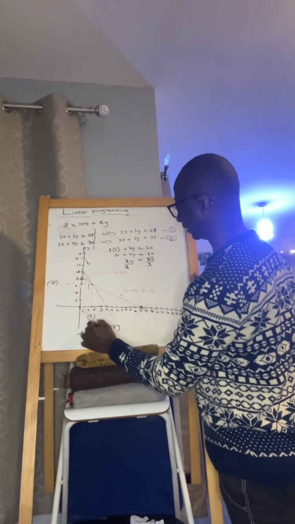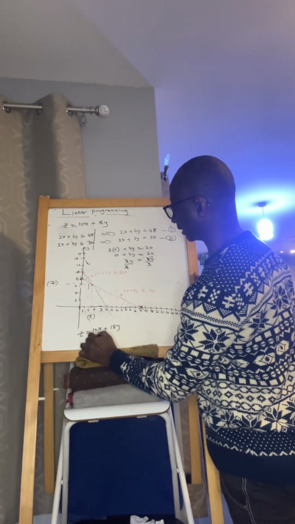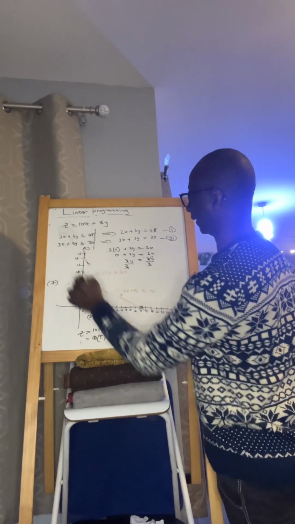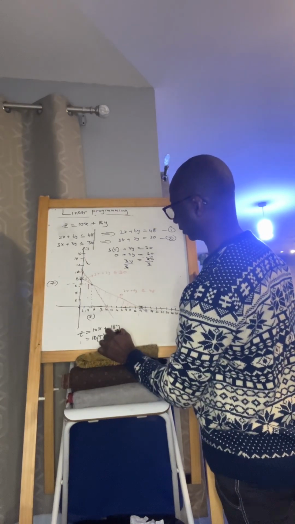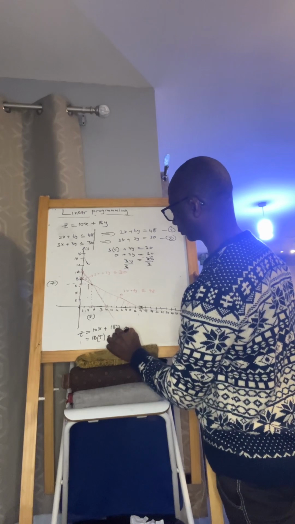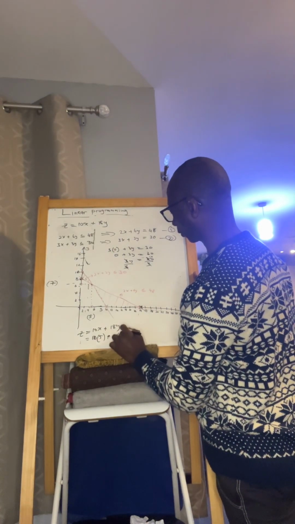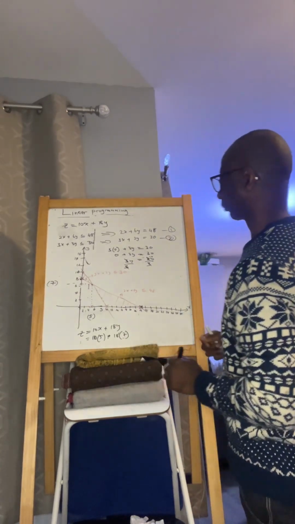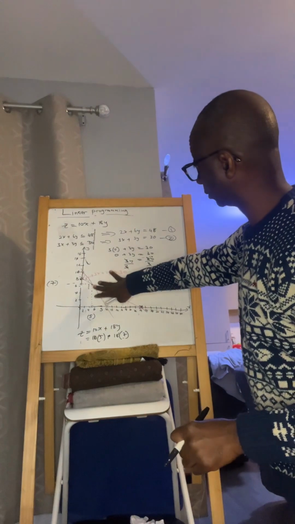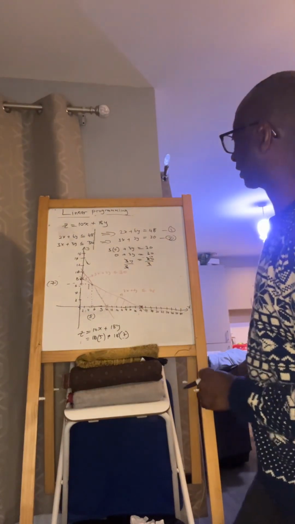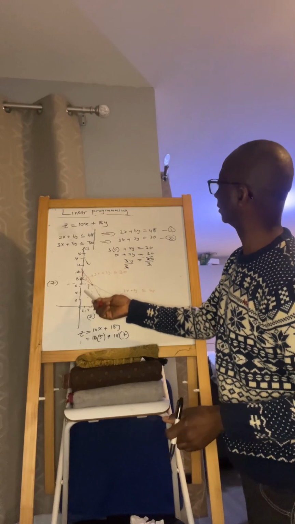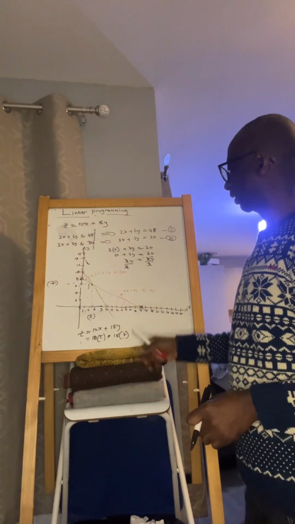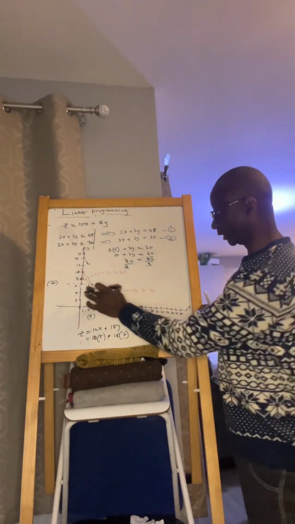So we now have 10x, and x in this case is 5, plus 18y, and y here is 7. What this has already indicated to us is that they got to make 7 aeroplanes and 5 cars every week for them to maximize their profits. That's what this equation tells us.